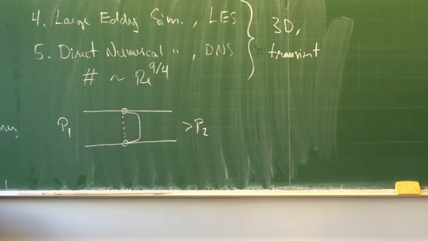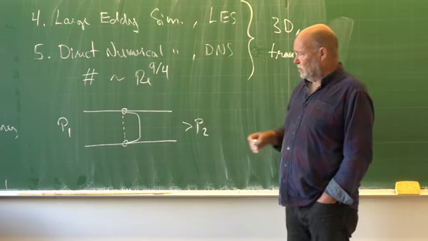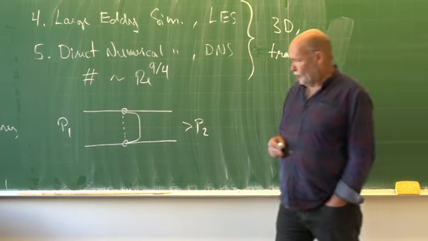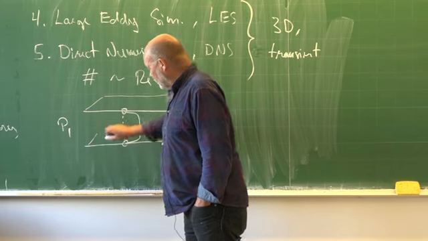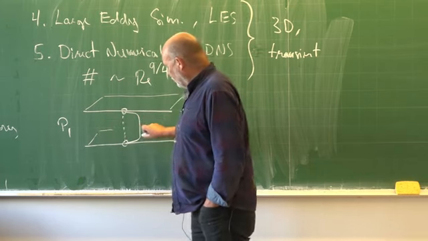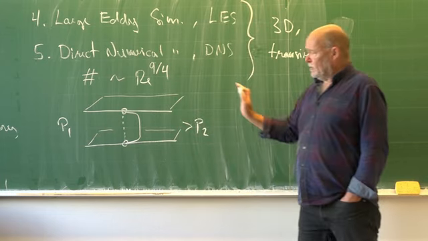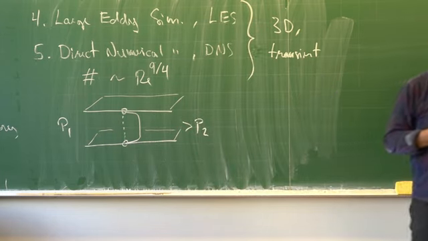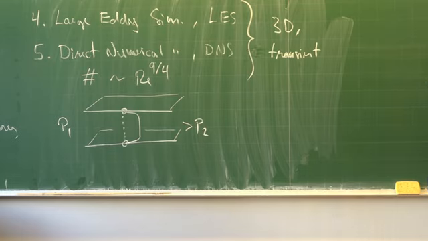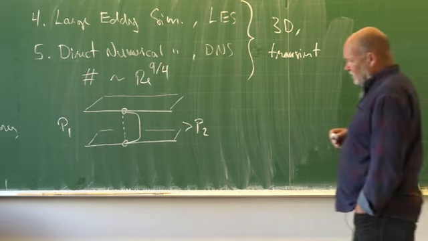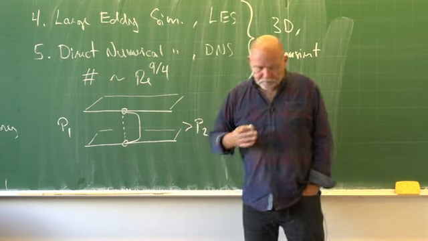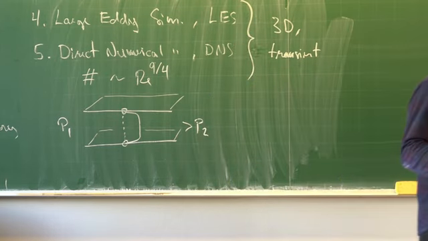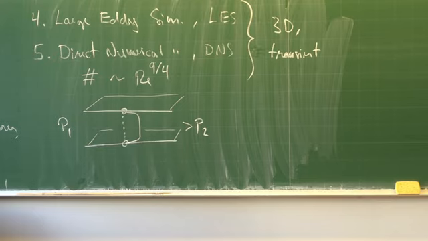But if you want to do a DNS or an LES on such a problem, you have no choice. It has to be full 3D, like that. So you need both X, Y, and Z direction here, although the only change is actually from wall to wall. Now this velocity profile is on average, meaning you do a lot of simulations and you have a lot of results.